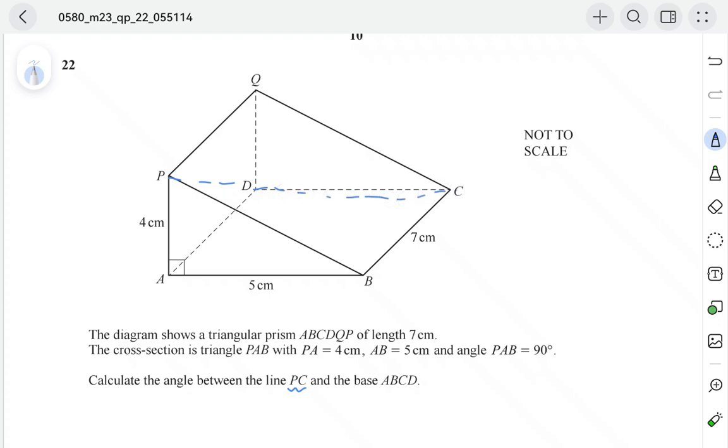And the base ABCD. So we can create another triangle using the flat plane of the base, we can draw a line here and connect it to the line PA. So we know between PA and AC is a right angle. Thus we are getting another right-angled triangle.